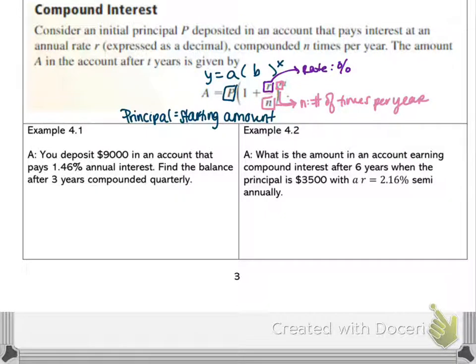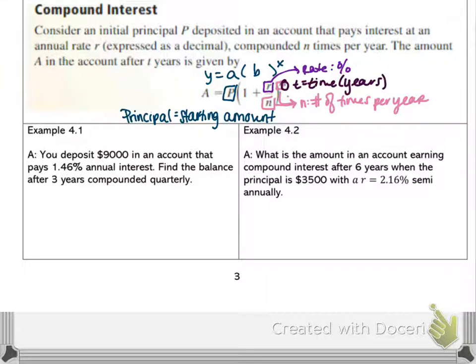So if they said yearly, it'd be 1, semi-annually would be 2, quarterly would be 4, monthly would be 12, etc. And then the last one that we have is our t, which is sort of hidden, but t is obviously going to represent time, and time is always in years.